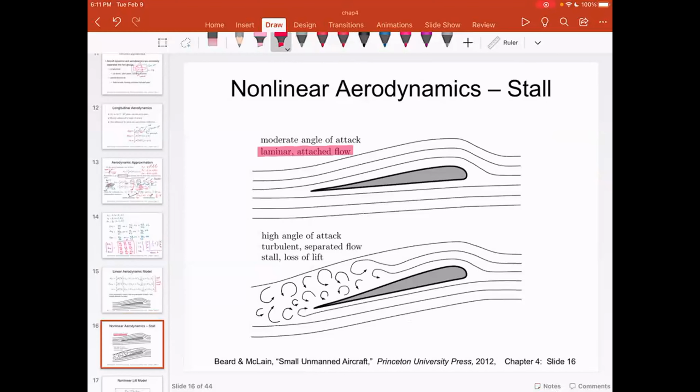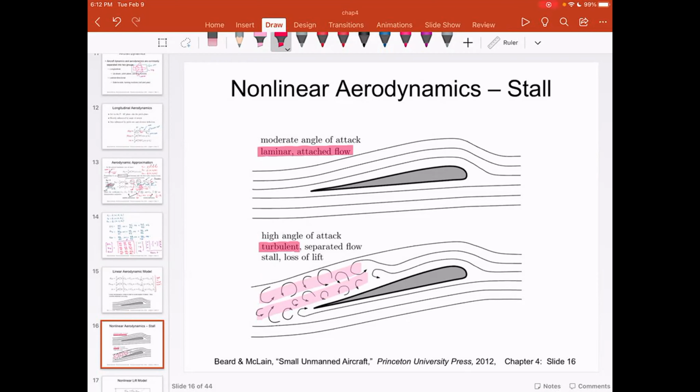However, as the angle of attack increases, the flow starts separating from the wing. So as you can see, this is the turbulent region, which means flow is no longer attached to the wing, and which means all the bets are off. So when you have turbulent flow, you cannot predict the value of lift, drag, and aircraft would actually lose lift and it would fall down.